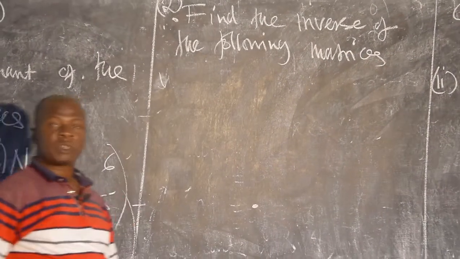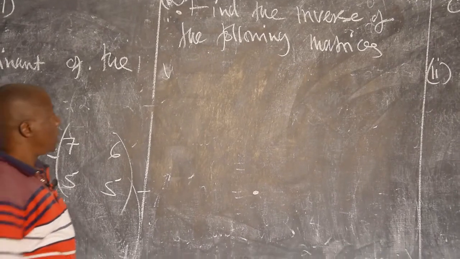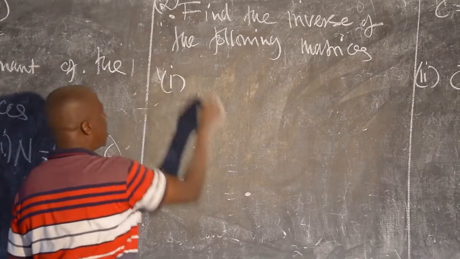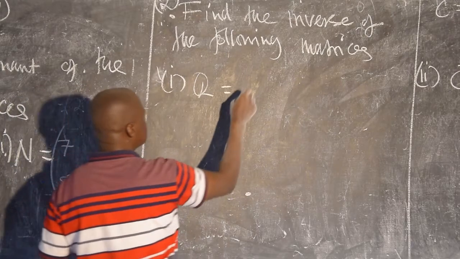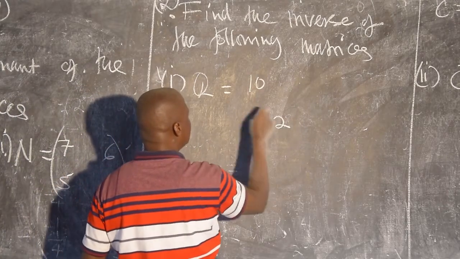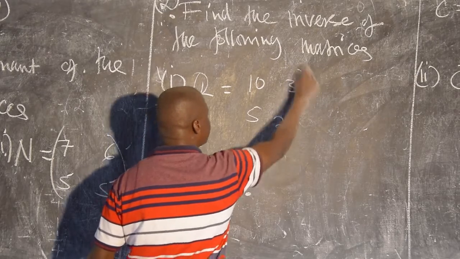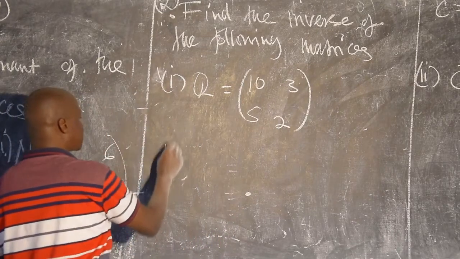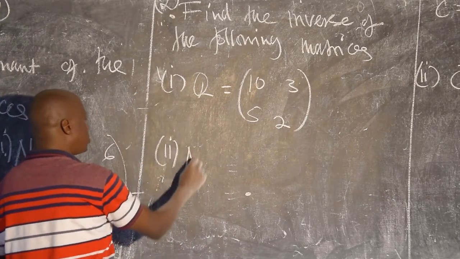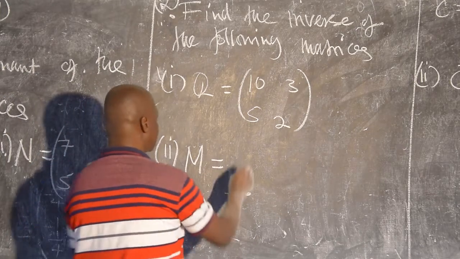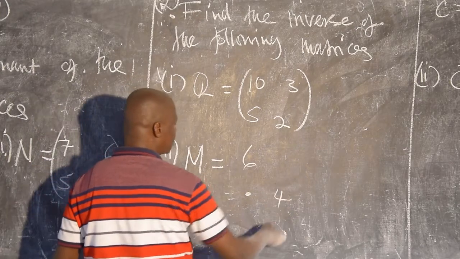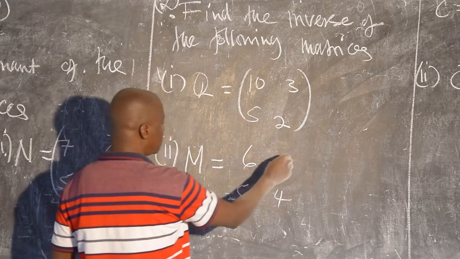Find the inverse of the following matrices. Number 1, we have 2 equal to 10, 2, 5, 3. Next, M equal to 6, 4, 5, 2.